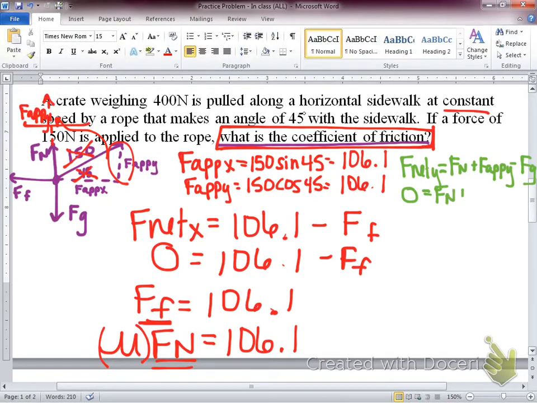You're solving for your normal force. You know your F applied y. And what do we know about F sub g? Is it 400 or is it 400 times 9.8? It's just 400. Okay, that equals F sub g because it's already given to us in newtons. Do not take that 400 times 9.8.